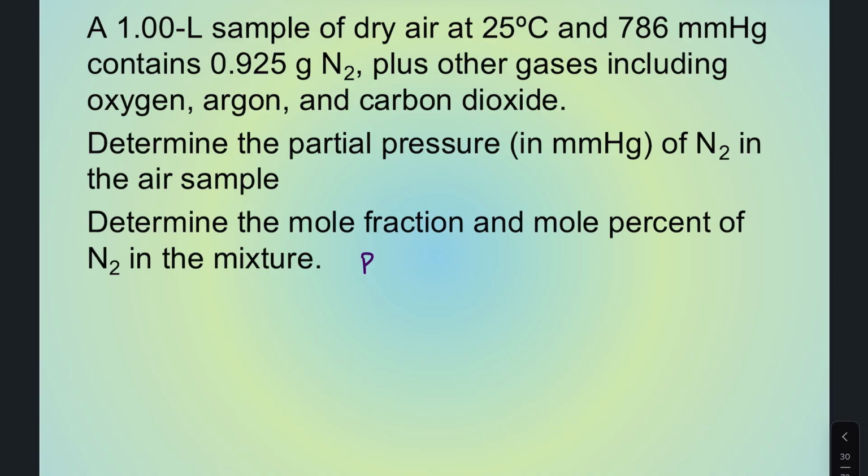You'll use P total equals P1 plus P2 plus P3, etc. And you will also use PV equals nRT. And give it a shot. I will do it as well.